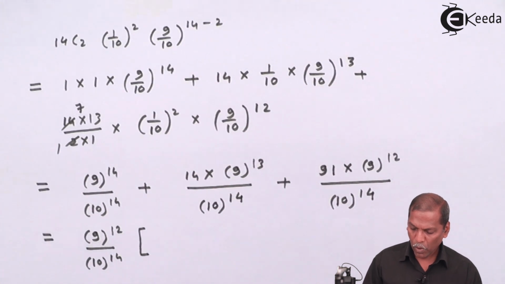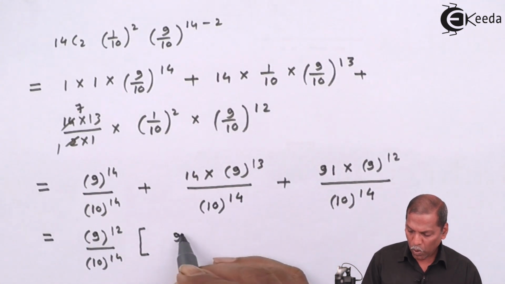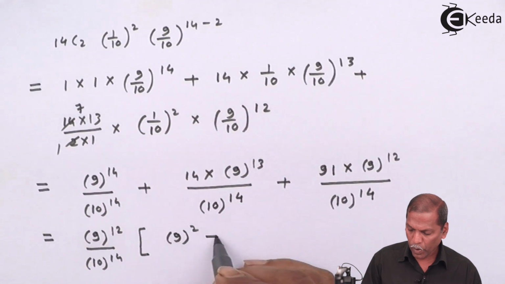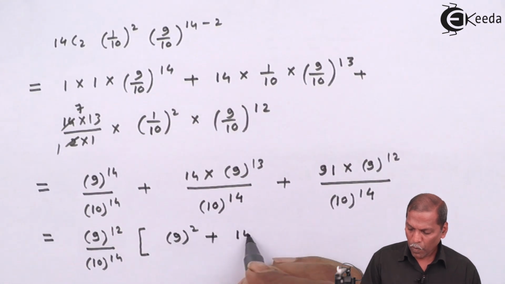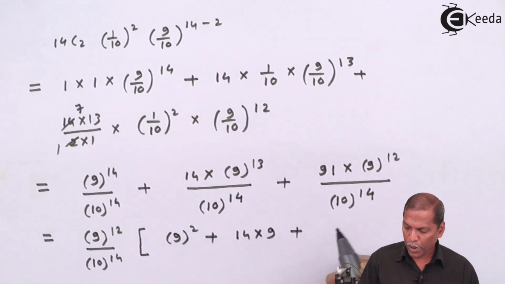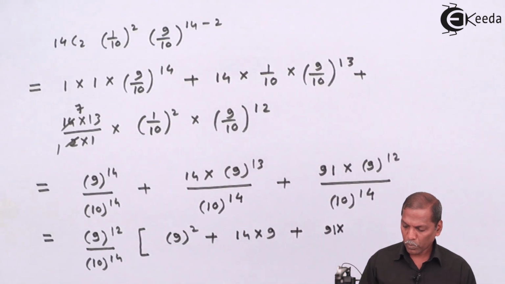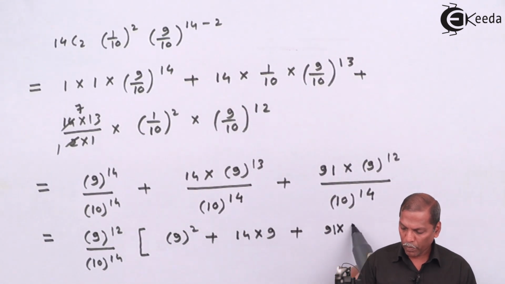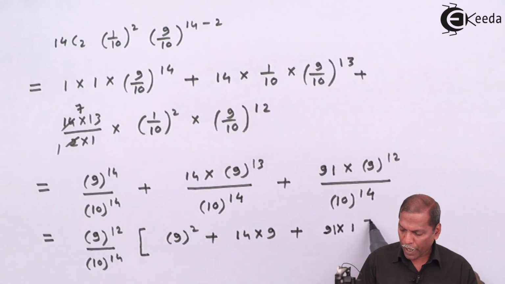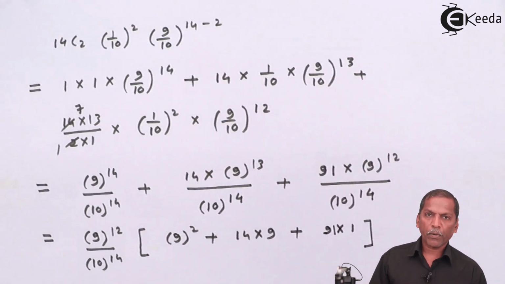We have 9 square plus 14 into 9 plus 91 into 1, and finally the bracket is complete.